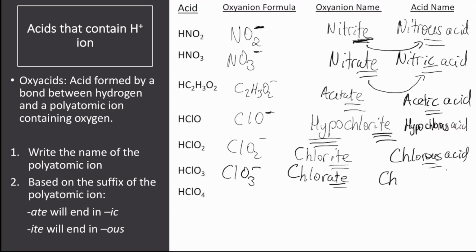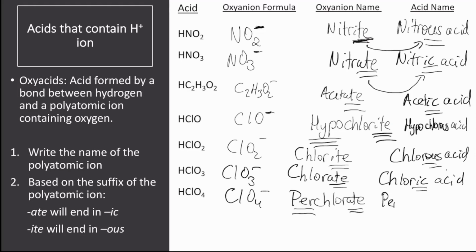So ate changes to ic, chloric acid. And lastly, we have ClO4 minus, and this one is perchlorate. So we keep the prefix and we change the suffix. Perchloric acid.